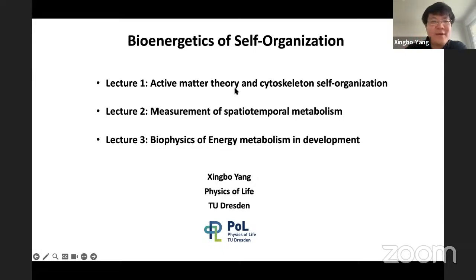However, I would say this kind of incorporation of energy flows in active matter theory is still an open question because it was kind of implicit in the theory. And so therefore, I'm proposing this framework in this winter school, which focuses on bioenergetics, also as a motivation for us to think about how to incorporate energetics into active matter theory.